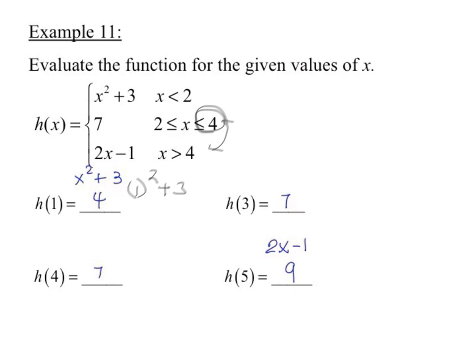And then for all the x's greater than 4, which 5 is greater than 4, we'll say 2 times x, or 2 times 5 minus 1, which is 10 minus 1, or 9. So that's how you're going to evaluate this type of piecewise function. And again, there's a video online that talks about this.